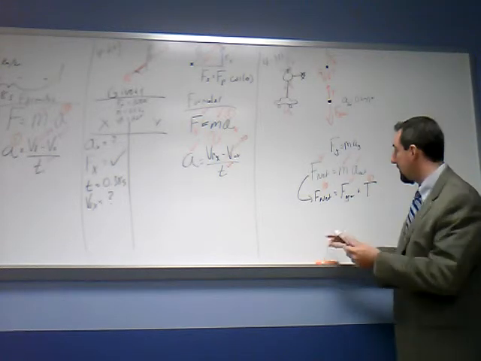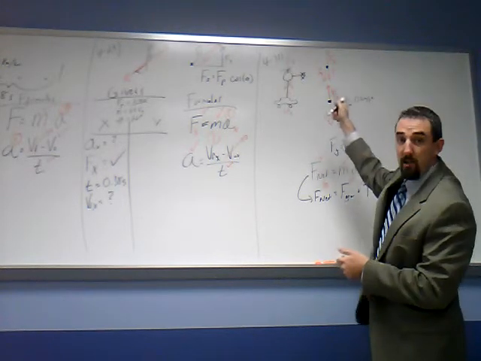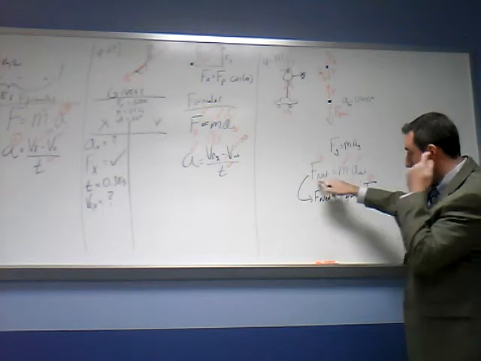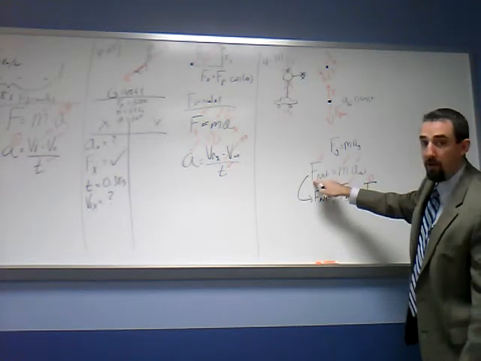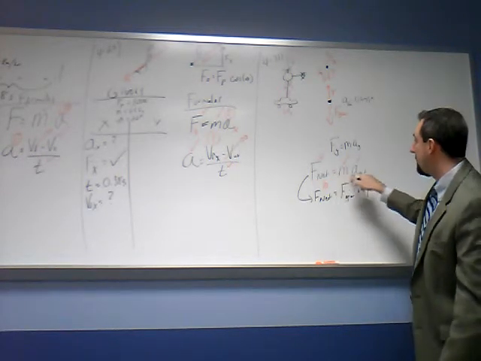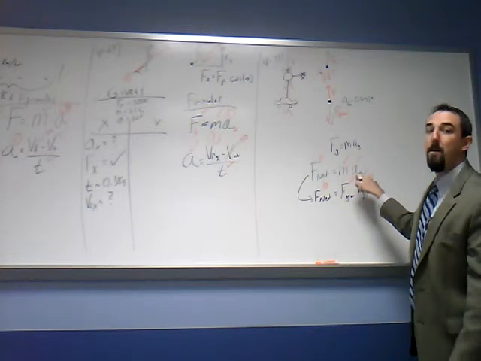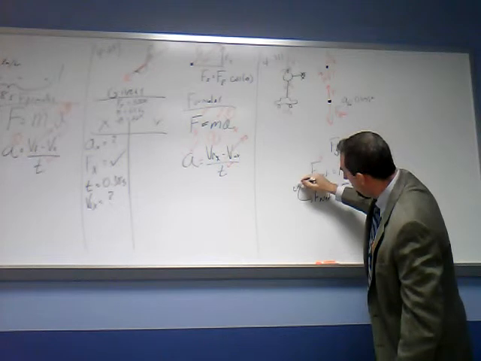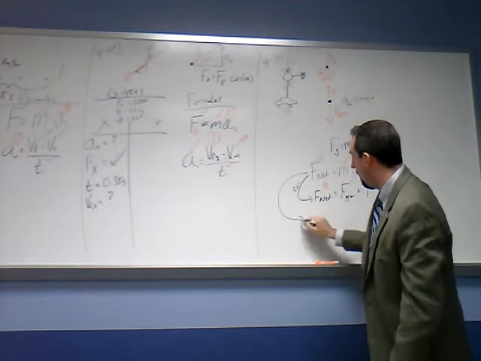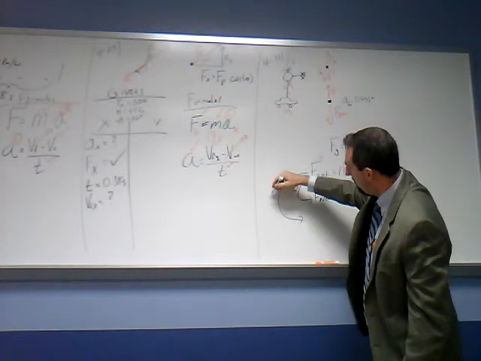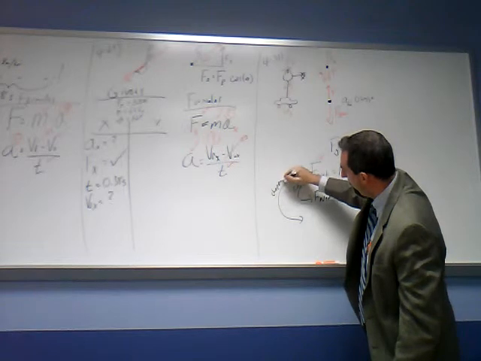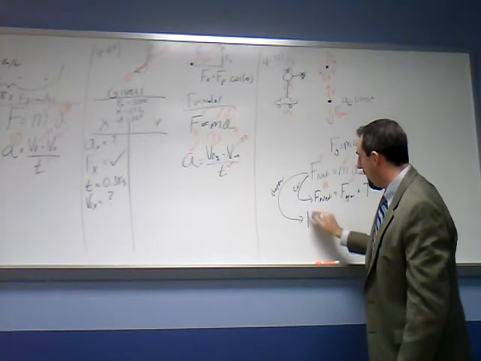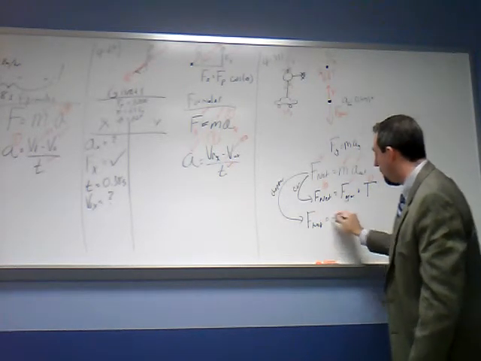Now, the helicopter is a little bit different. It's also accelerating up. So we can say, hey, net force for the helicopter is equal to its mass times its acceleration. But F net's a little different for the helicopter. That's for the car. For the helicopter, or I'll call it a chopper, F net is equal to a few things.